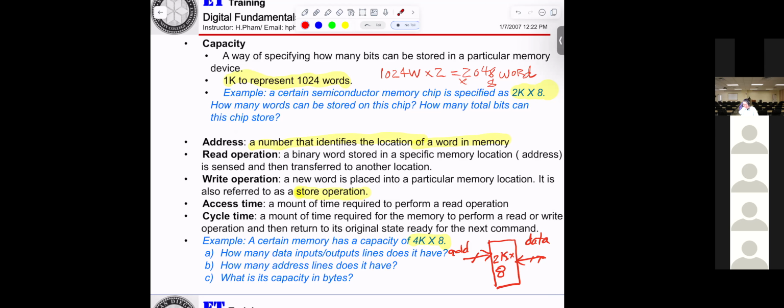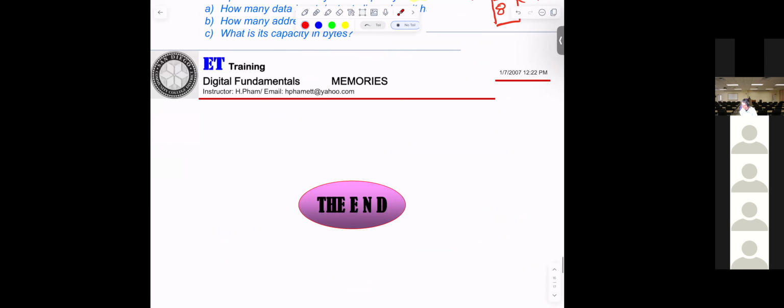So basically, this is 4K by 8. How many wires for the address, how many wires for the data? How many data input, output lines does it have? How many address lines? What is the capacity in bytes?